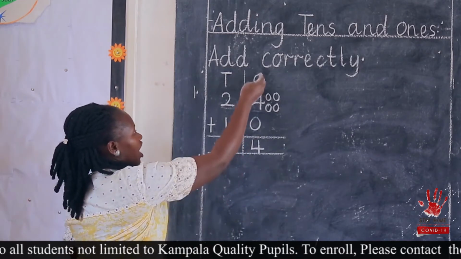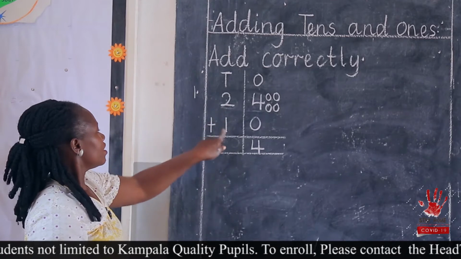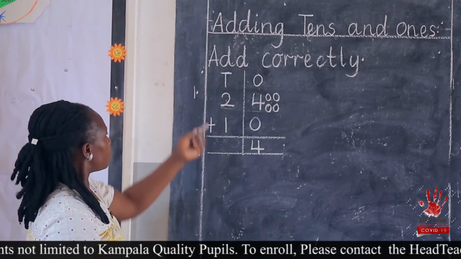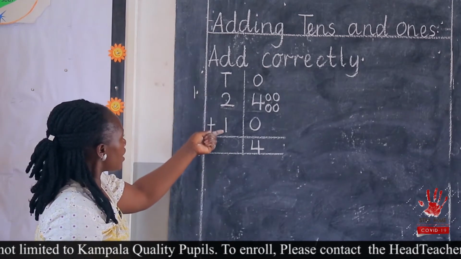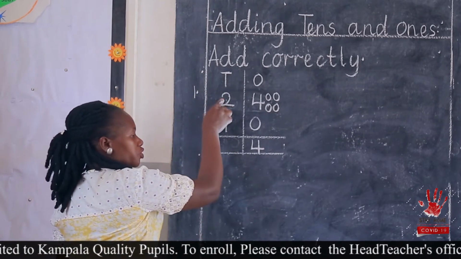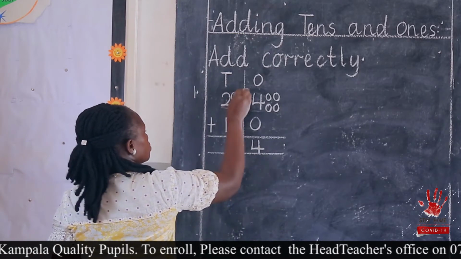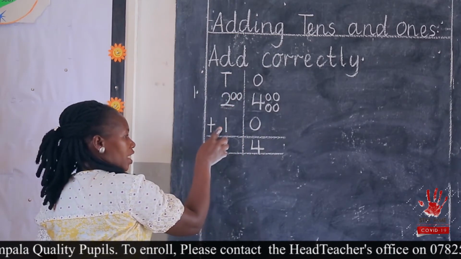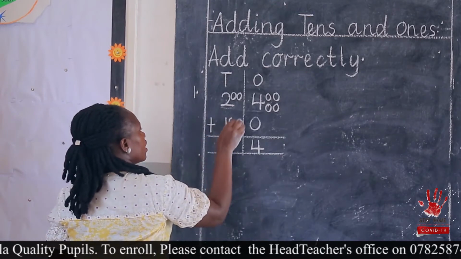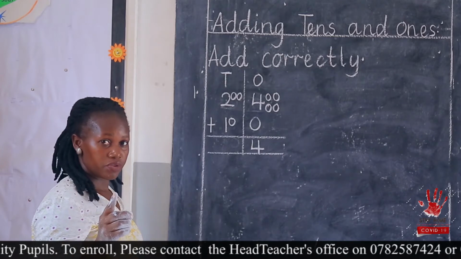I have finished adding the ones. Okay? Now I'm going to add the tens. I look at 2 plus 1. How many balls will I draw for 2? 2 balls. 1, 2. How many balls for 1? Only 1. But when I'm counting, I count all the balls that I've drawn.